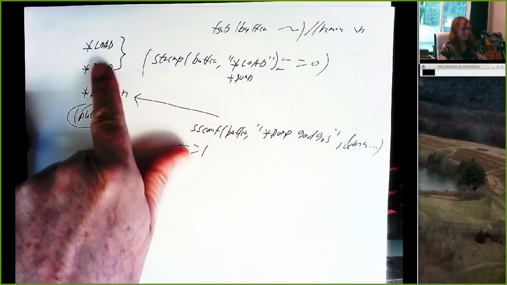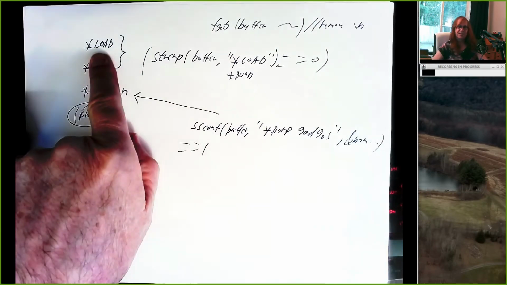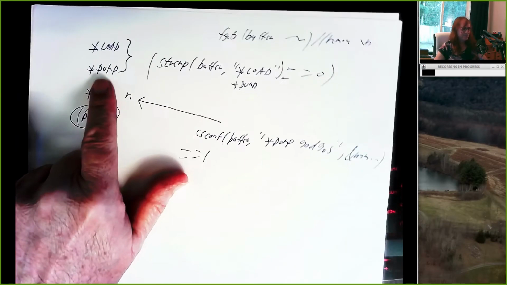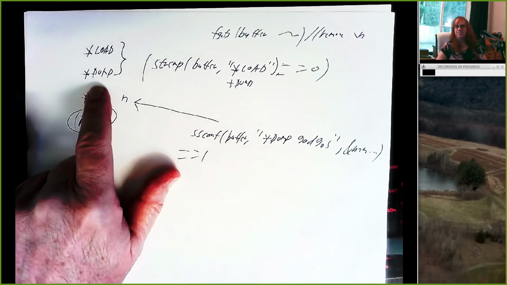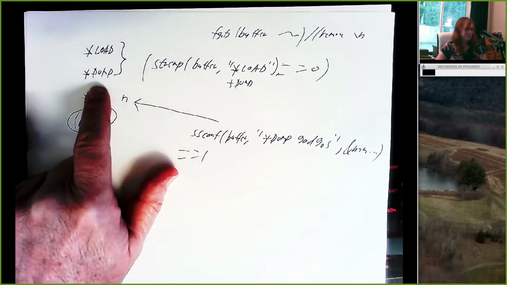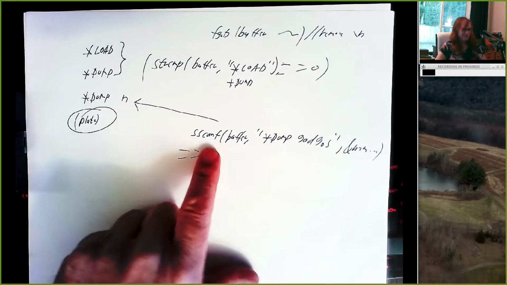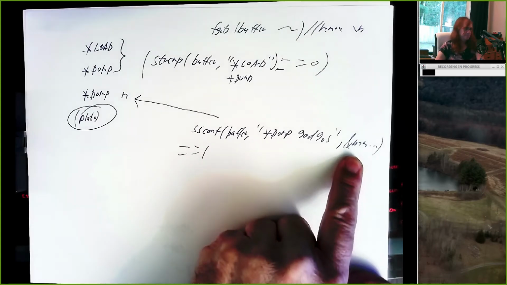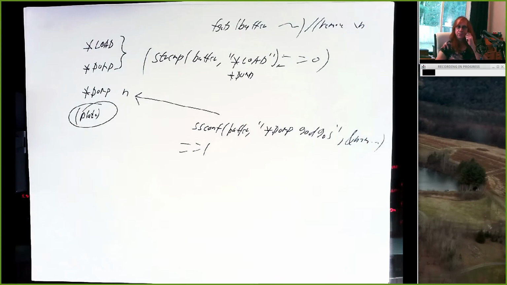And so this is 3 if statements. If the buffer is star load, call hash load and go back to the top of the loop. If the buffer is star dump, call hash dump all, or make a for loop that dumps each of the cells. If the scanf of this returns a 1, call hash dump with num and go back to the top of the loop. Otherwise, call hashFind with your buffer.